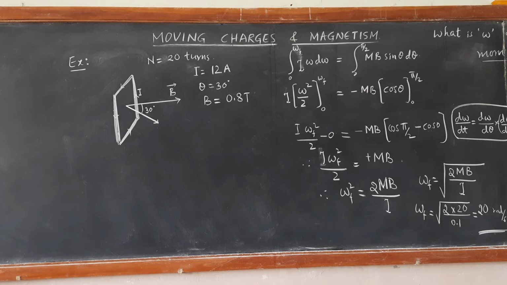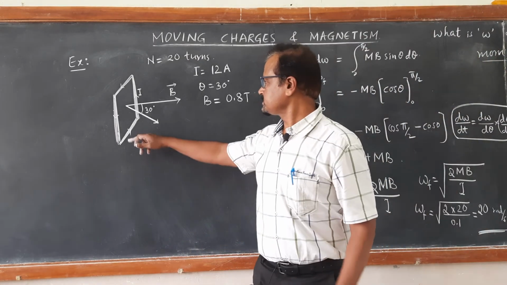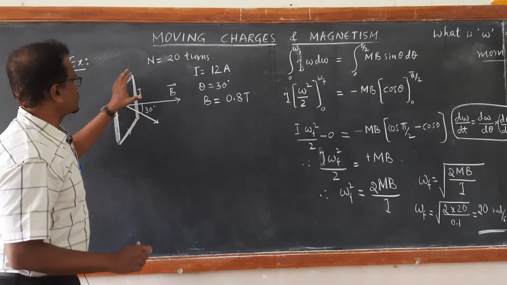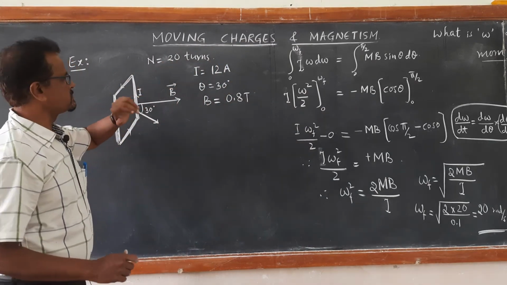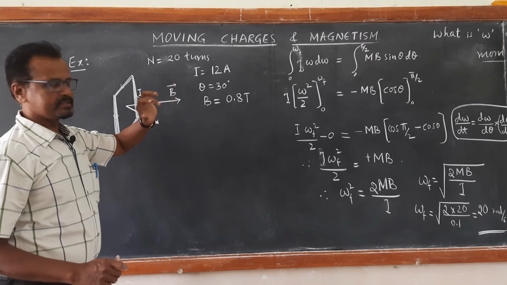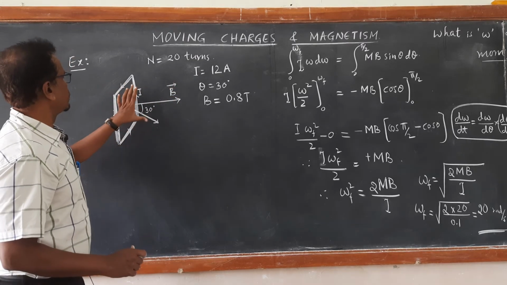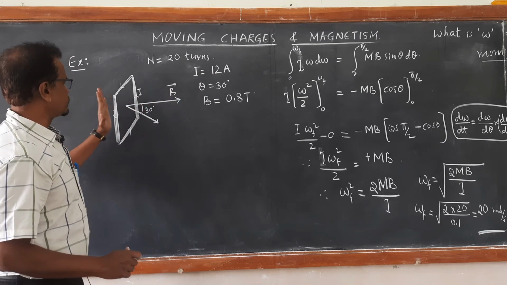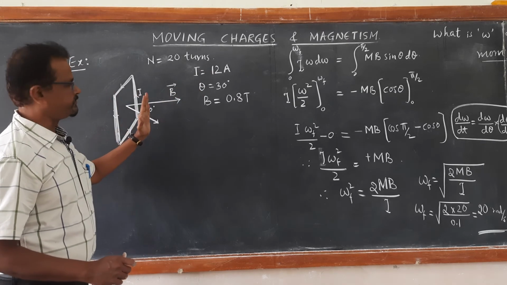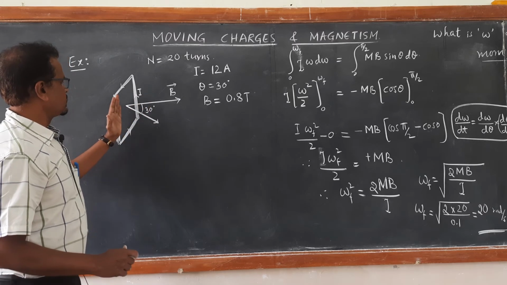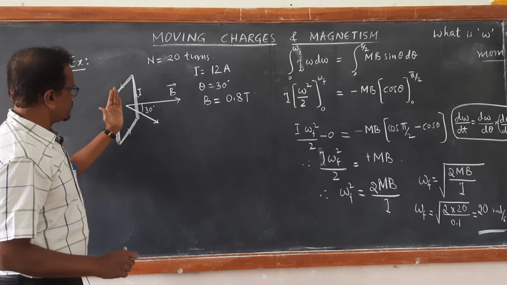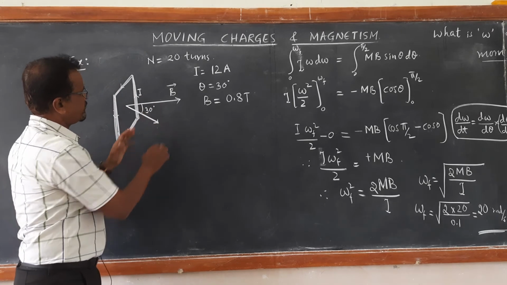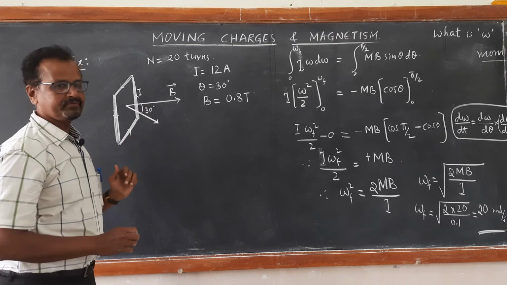So this is another simple example. There is a square coil consisting of 20 turns carrying a current of 12 amperes. I have drawn a square coil with 20 turns carrying current 12 amperes. It is placed in an external magnetic field such that the normal drawn to the plane makes an angle of 30 degrees with the magnetic field.